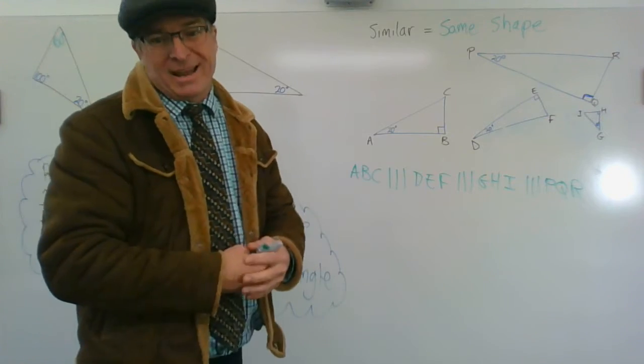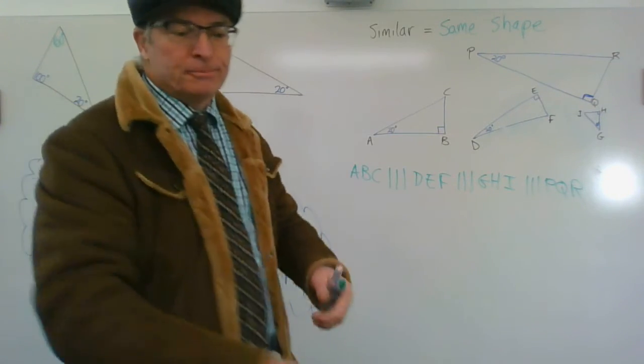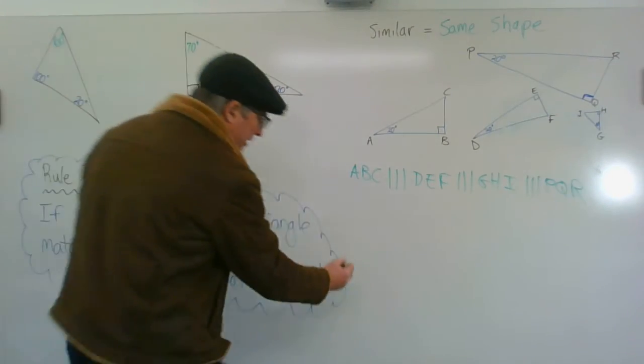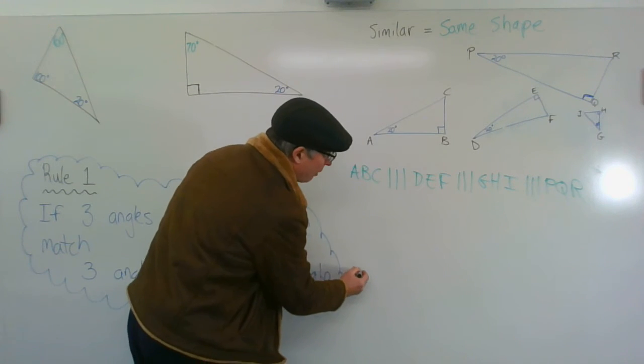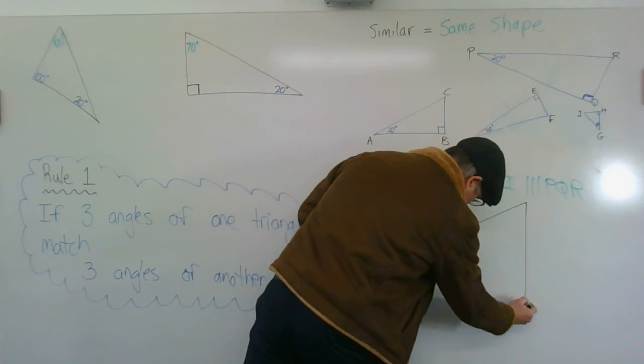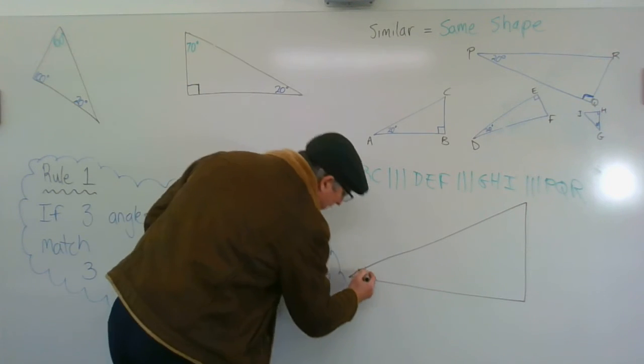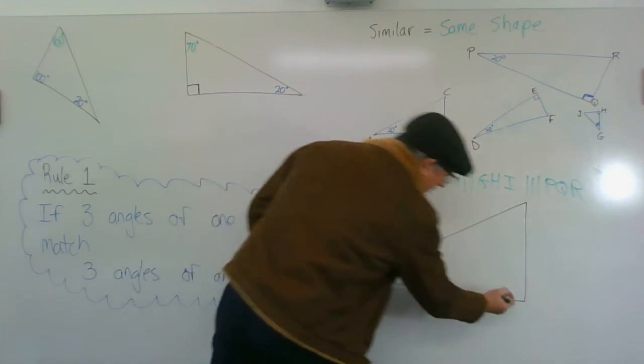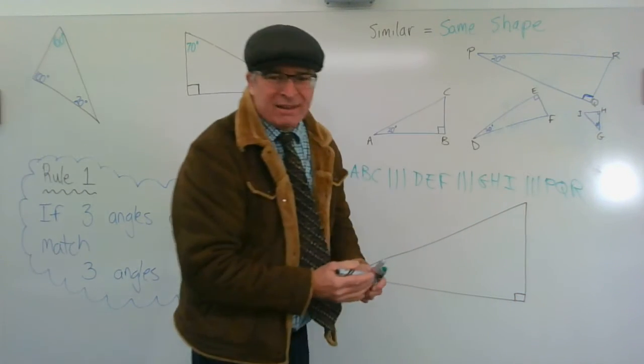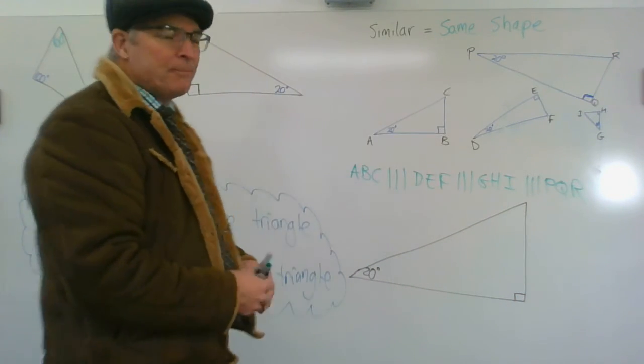I could put them all in the same orientation. So I could draw one dirty grey triangle that's right-angled, like that, with a 20-degree angle in the corner. Of course, it doesn't have to be 20 degrees. I've just picked that for today.